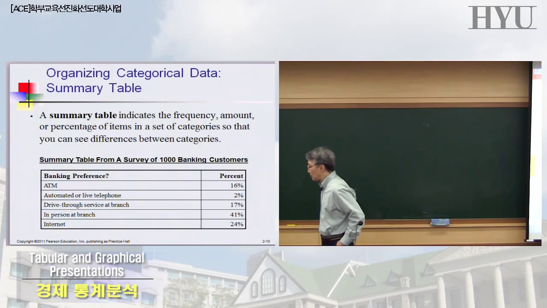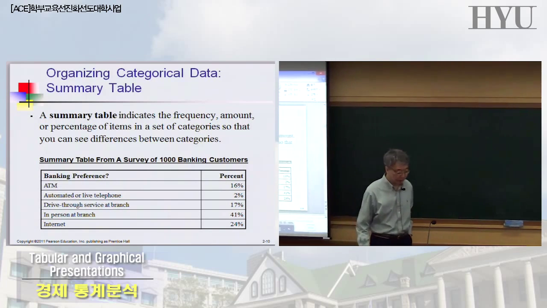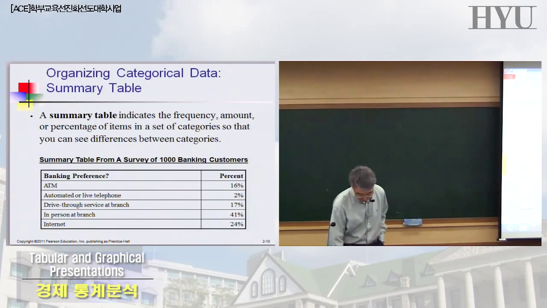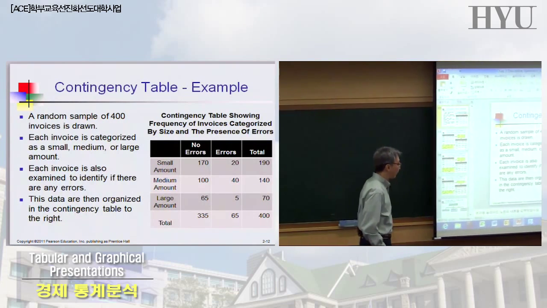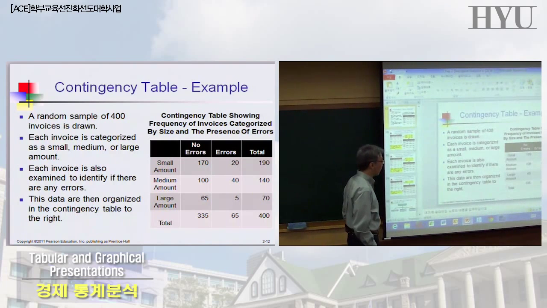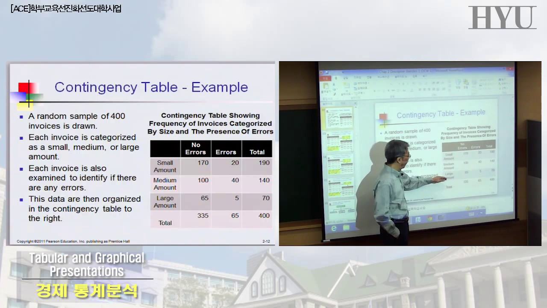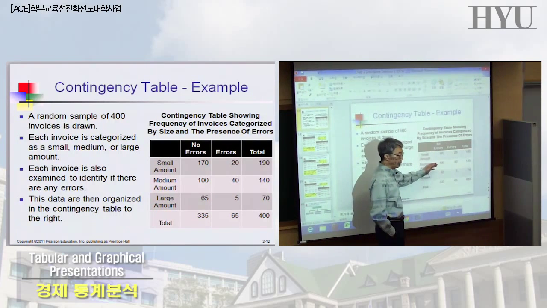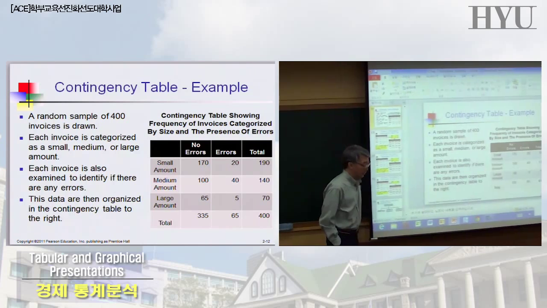The simplest table was the summary information, and then you can go a little further in case you have two different variables. The example here was the size of invoice, small, medium, or large amount, and another criterion, whether the invoice contains errors or not.